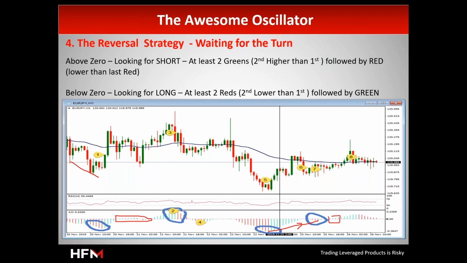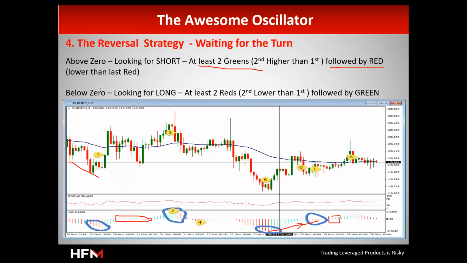So you need at least 2 greens, the second one higher than the first one, followed by a red bar lower than the last red. If you have this combination, at least 2 greens followed by a red candle, that would be a sign of a potential reversal.